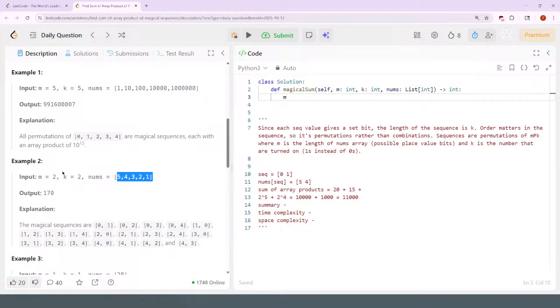What is the difference between M and K? It should be N. So N choose K, or N P K, N permute K, or is it N permute M?